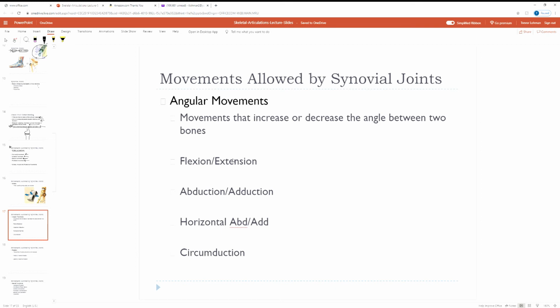Abduction and adduction always occurs in the frontal plane, again except for the thumb, around an anterior posterior axis, and horizontal abduction and adduction occurs in the transverse plane around a superior inferior axis.